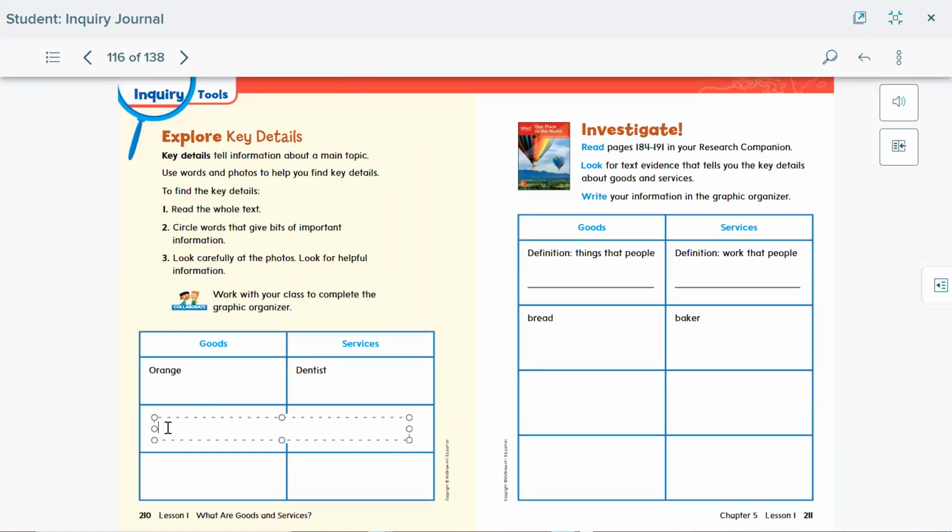I know goods, I saw smartphone, or shirt, any goods you buy, or clothes. This is all goods you buy.